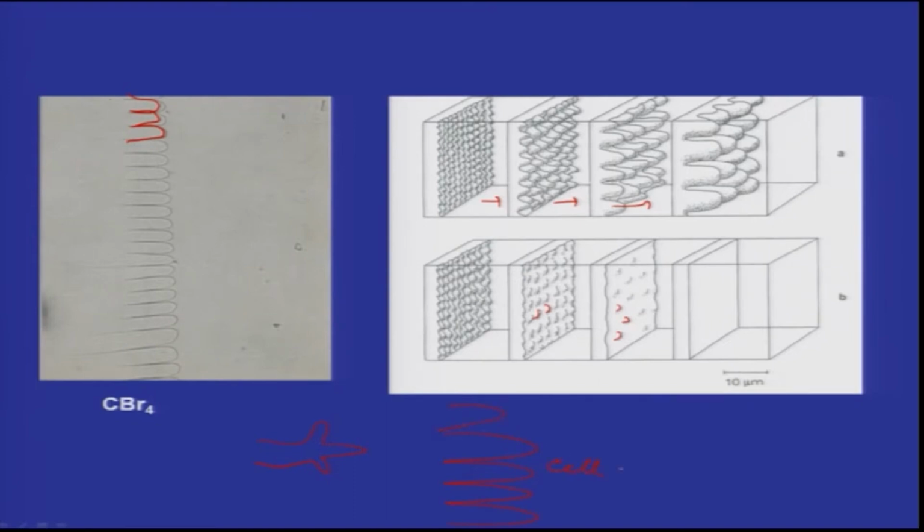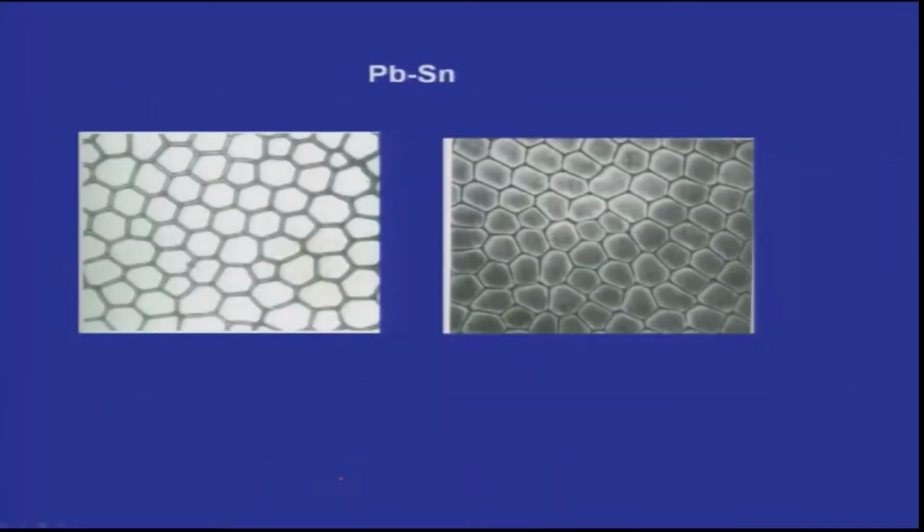Basically, this is a dendrite, and this looks like a honeycomb structure. That is what is shown here, okay, hexagonal cells in a lead tin alloy. You can see each of these is a hexagonal network out of the solid liquid interface. Lead tin is a low melting point solder material, so you can do that very easily.